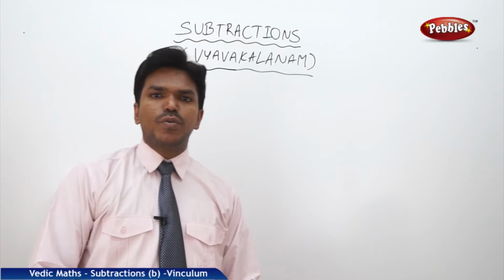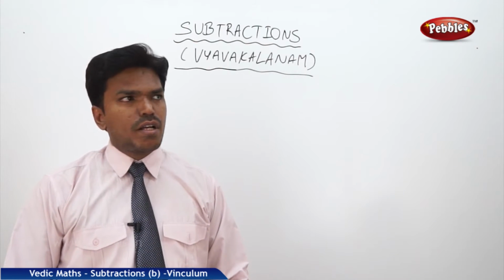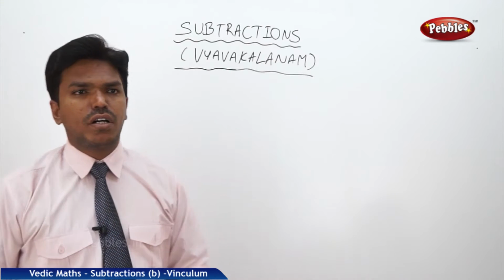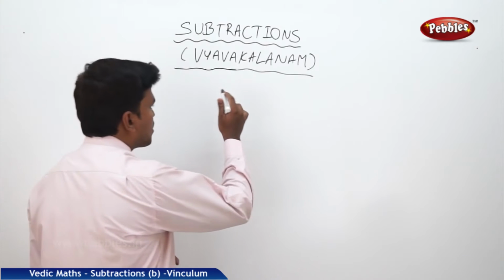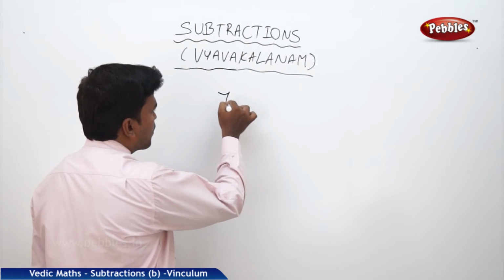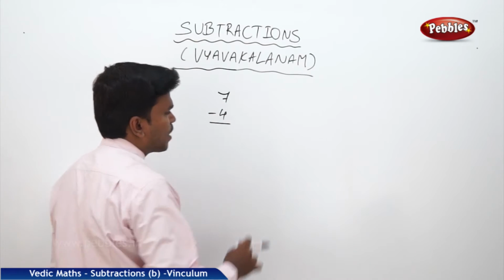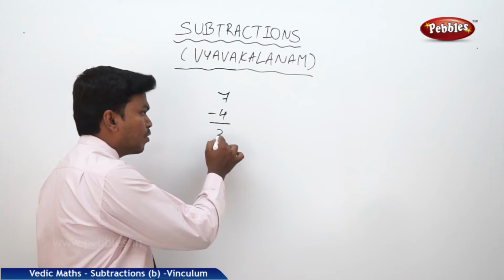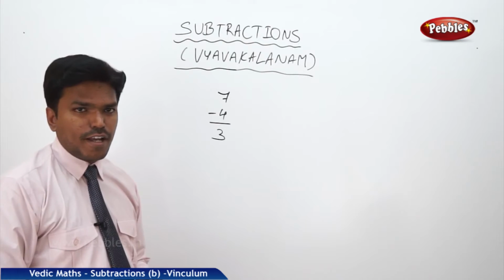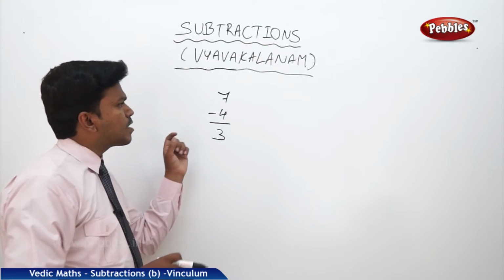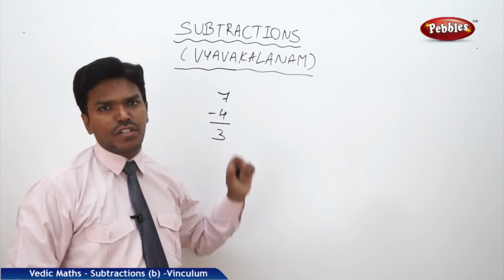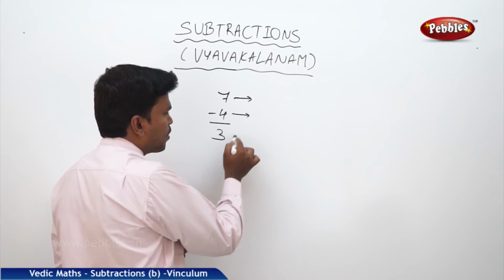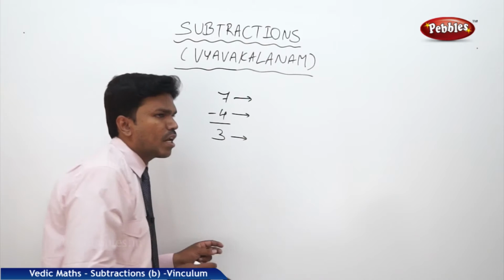Now we have got the basics of subtraction. Before starting subtractions, I will give one more basic point. Suppose you are subtracting 7 minus 4. Of course I know the answer is 3, and you also know the answer is 3, but there are some specific terms for this subtraction. The above number, below number and the answer each have specific terms.